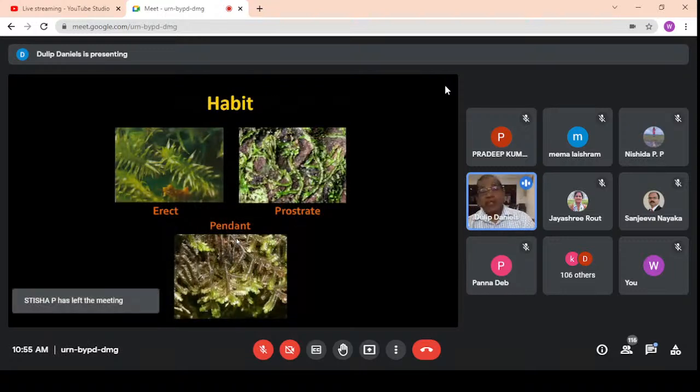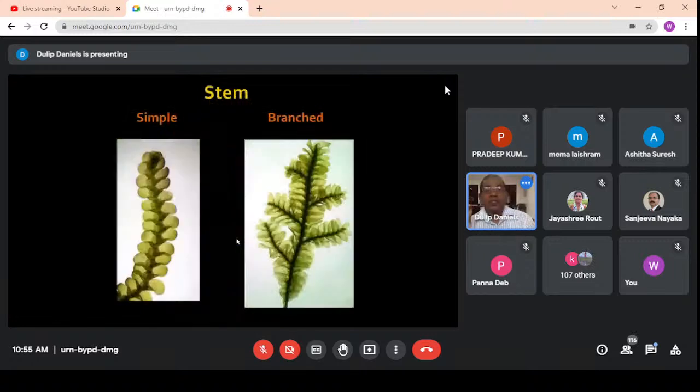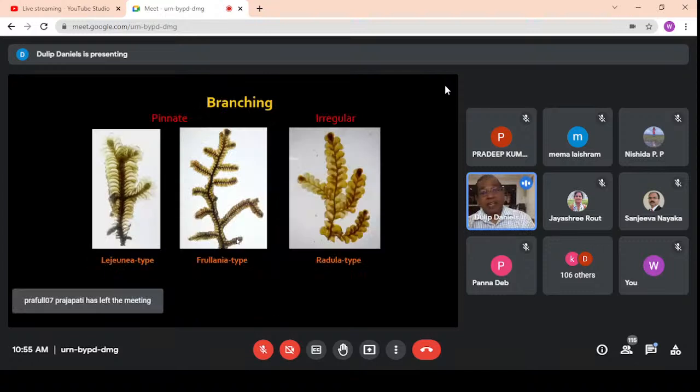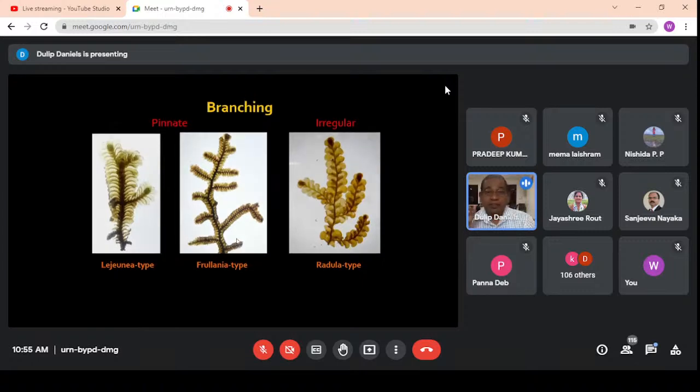Well, in habit, again you have, as in the mosses, erect, prostrate, and pendant forms. Look, simple, branched. Even in branching, there are several. Pinnate type, irregular. We have Lejeunea, Phalaenea. There are others also. Branching is quite confusing at times.